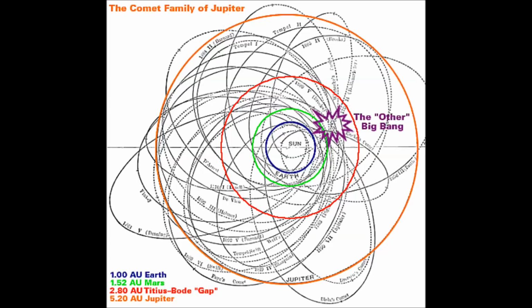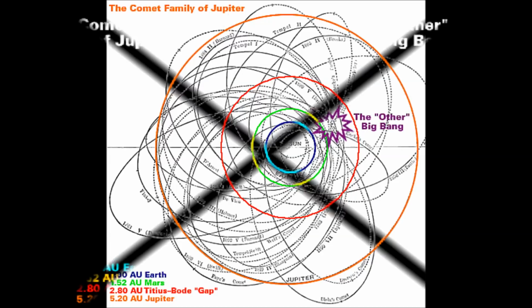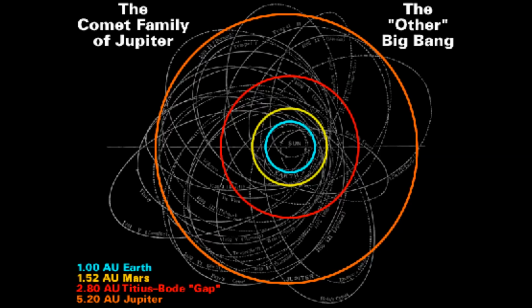So look how the comets, the family of Jupiter comets, they all share common perihelion and very similar aphelions. They're their furthest point from the sun. Some of them are in more polar orbits, some of them are more ecliptic inclined, but they all overlap, which is a pattern you would expect from a Big Bang.